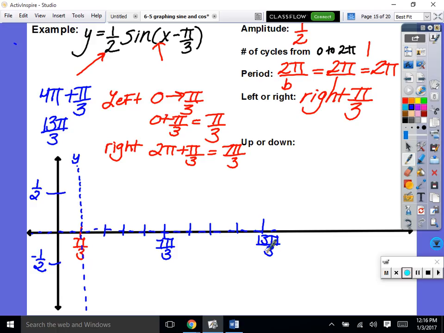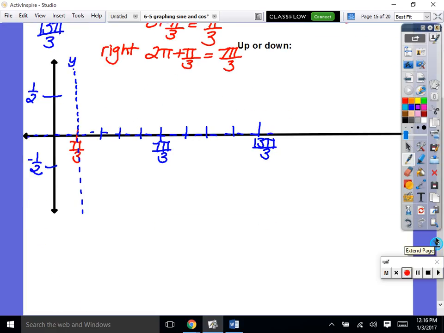Okay, let's fill this in. On this one, get your calculators out because I don't want to have to wait for us to actually think about it and do it. Let's use our calculators when we can. So let's fill in the rest of this x-axis here. Halfway between 7 pi thirds and pi thirds, there are so many ways you can do this, but I think this is the easiest.